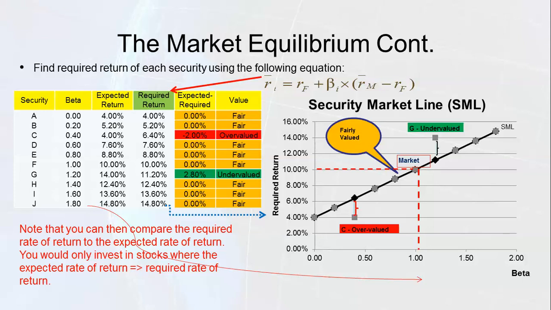When investors are holding a well-diversified portfolio, beta is the right measure of risk, because we can diversify away unsystematic risk. So the only thing left over is systematic risk, and you should get compensation for only systematic risk. That's the whole idea of CAPM.